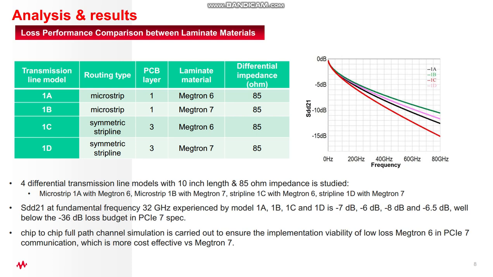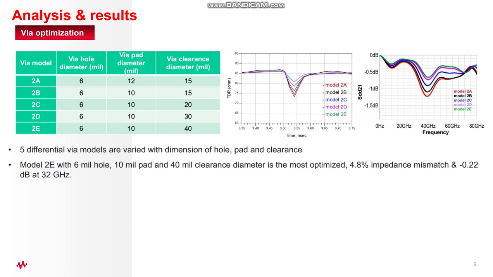SDD21 or insertion loss at fundamental frequency 32 GHz experienced by model 1A, 1B, 1C, and 1D is -7, -6, -8, and -6.5 dB respectively, which is well below the 36 dB loss budget in the PCIe 7 spec. Chip-to-chip full path channel simulation is carried out to ensure the implementation viability of the low loss Micron 6 in PCIe 7 communication, which is more cost effective versus the ultra low loss Micron 7.